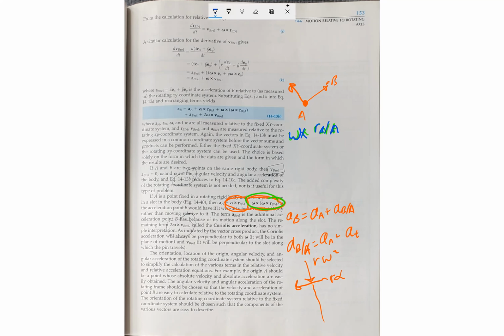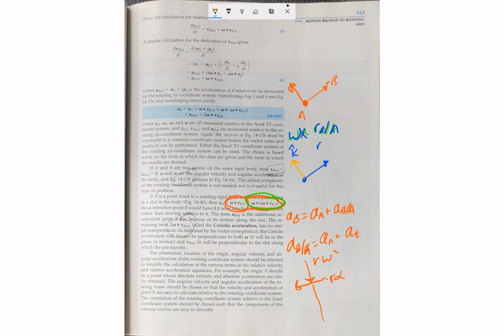All right, so if we know again that omega is in a k-hat direction and r is in some arbitrary direction, then we'll end up with a k-hat and an r, and that will result in some vector as our answer. So let me draw my vector in a new color. This vector is the answer to omega cross r.